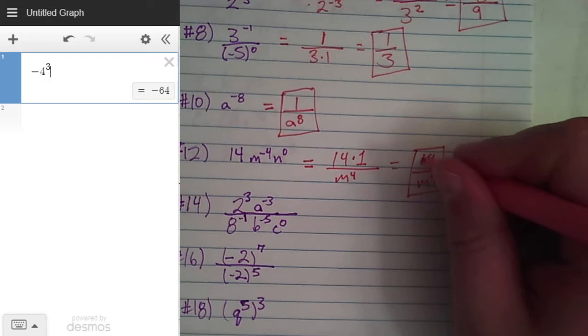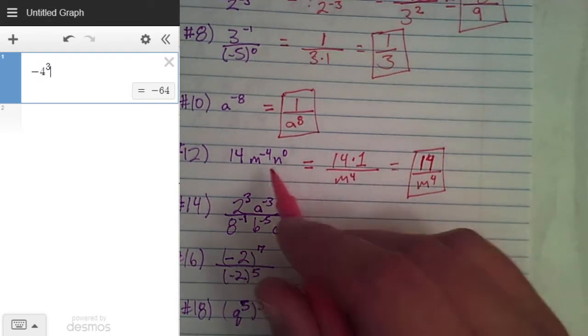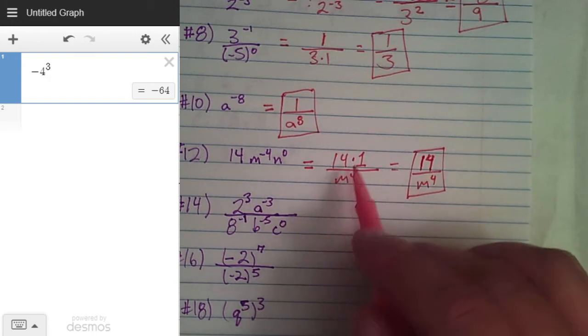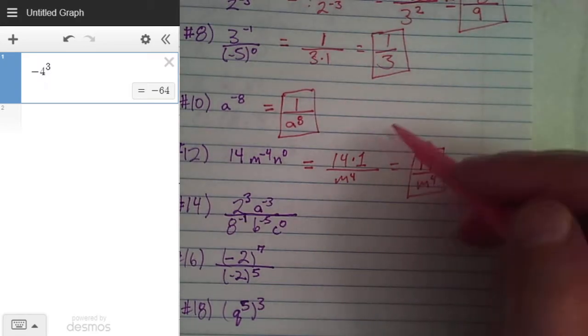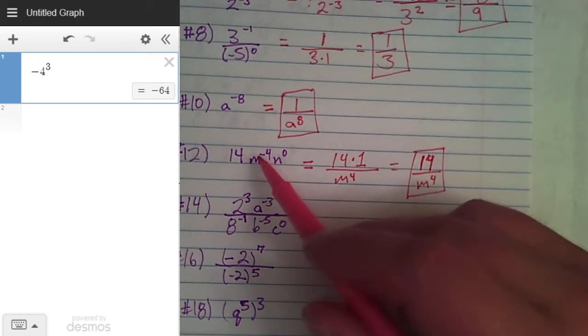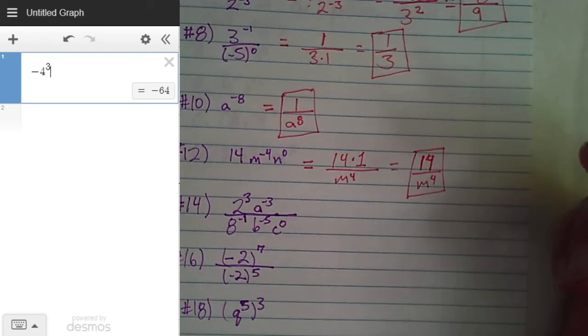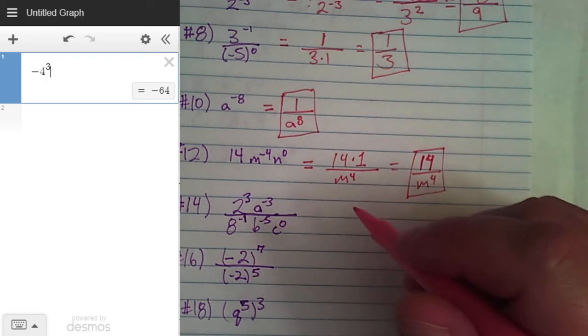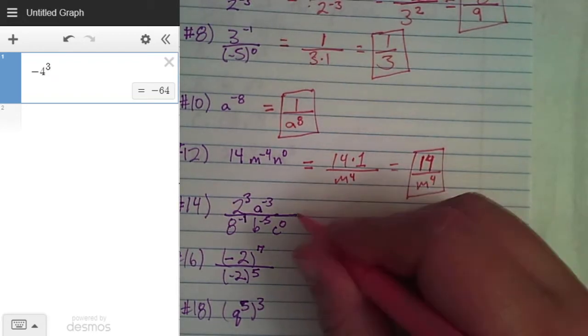It helps us understand how we get to these different steps. If you need to write a little note that this negative means it's going to go to the opposite side of the fraction bar with a positive exponent, you can do it that way.